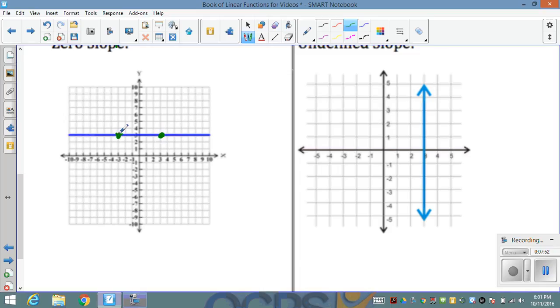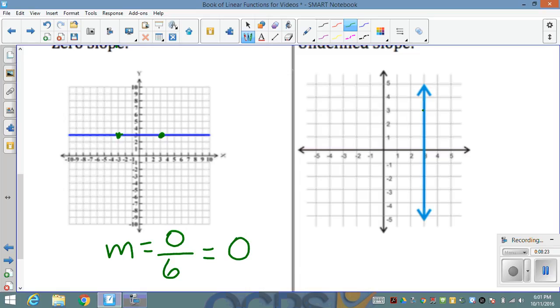No particular reason why I chose those. Now, my slope is rise over run. Notice I cannot draw my slope triangle in because it doesn't rise at all. My rise here is 0. I don't go up or down any to go from one point to the other. I can count out my run. 1, 2, 3, 4, 5, 6. And 0 divided by 6 is 0. So my slope there is 0.